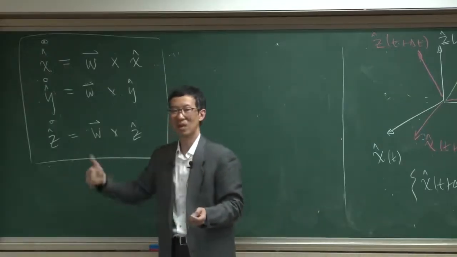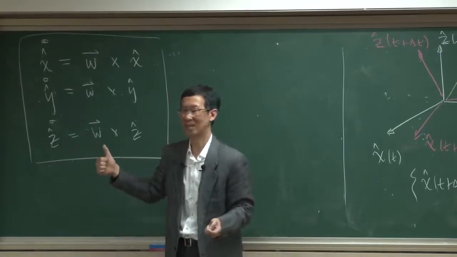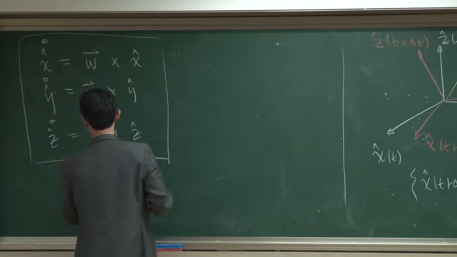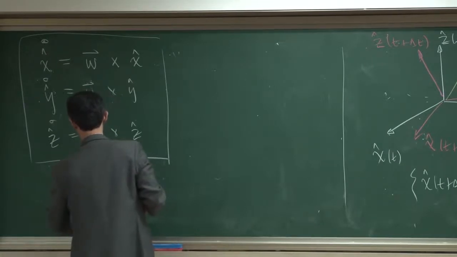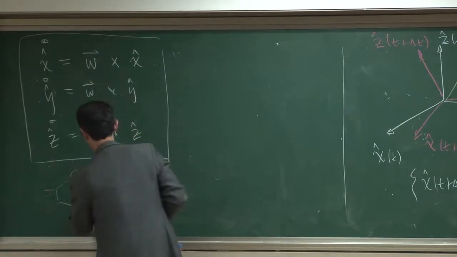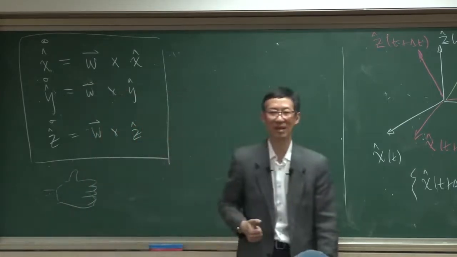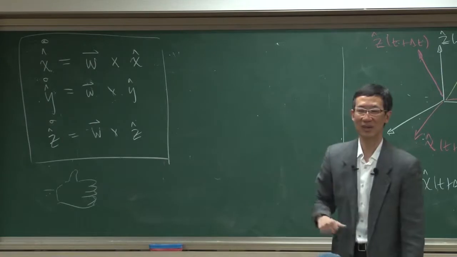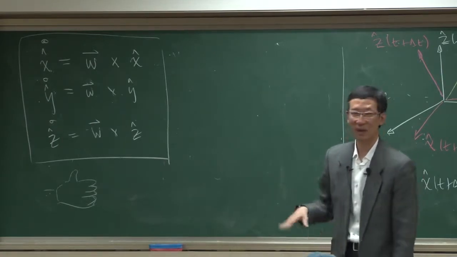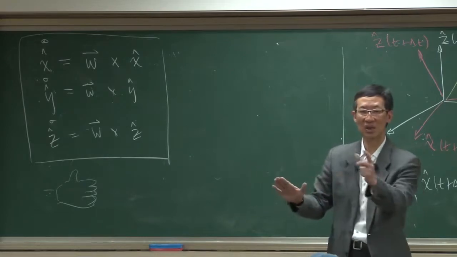This is another one of those thumb formulas. So draw a little thumb here. This is going to be a good friend of ours. And in fact, I don't have time to do this today, but next time I'll show you.